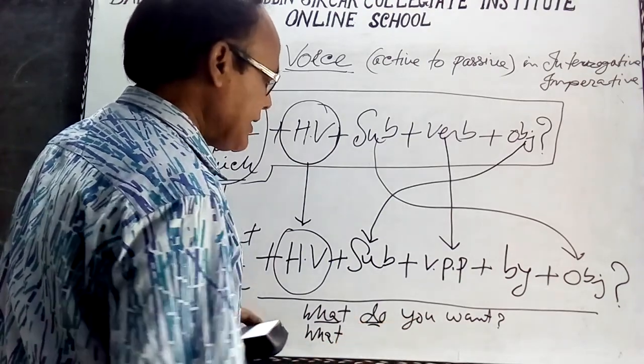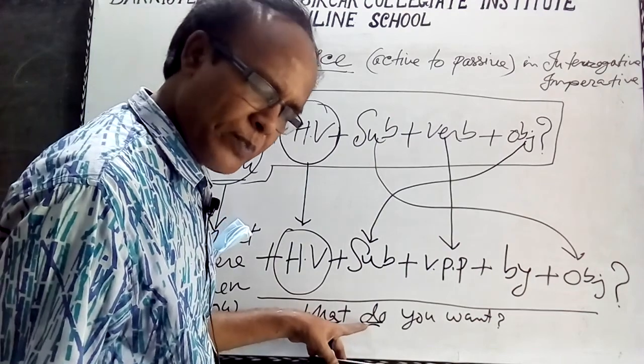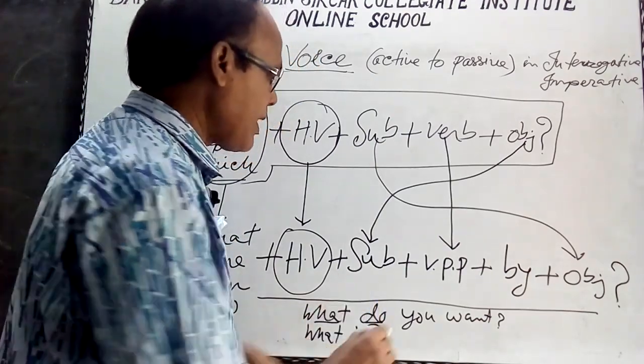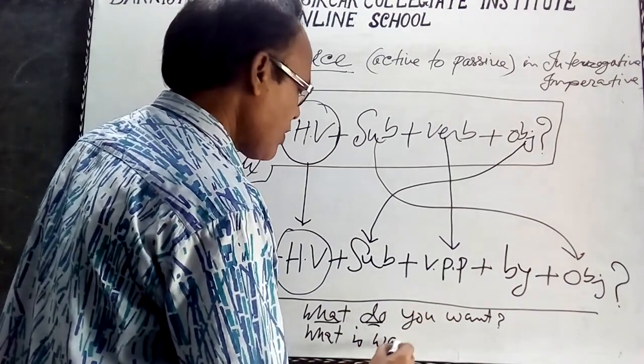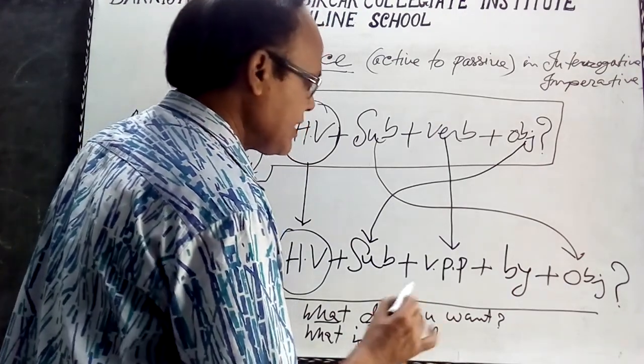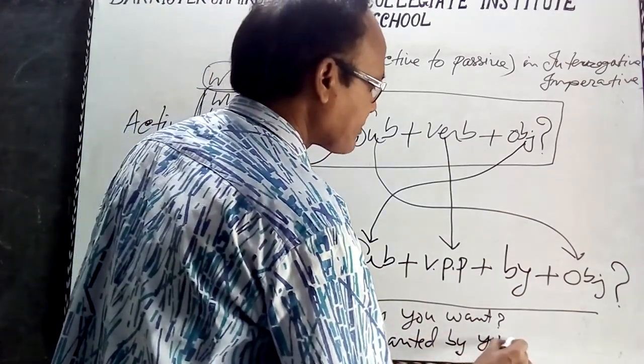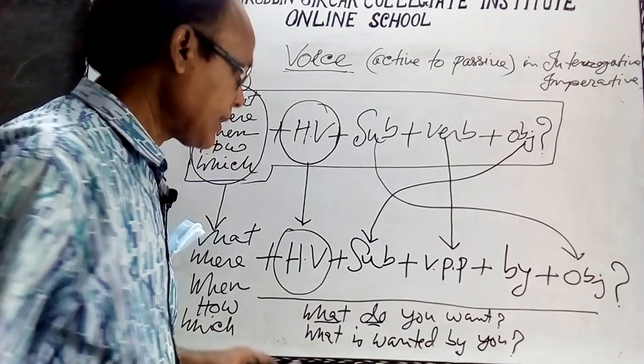Do is present indefinite, so the present indefinite auxiliary verb is am, is, are, and the main verb is in the past participle form, by you, and note of interrogation.